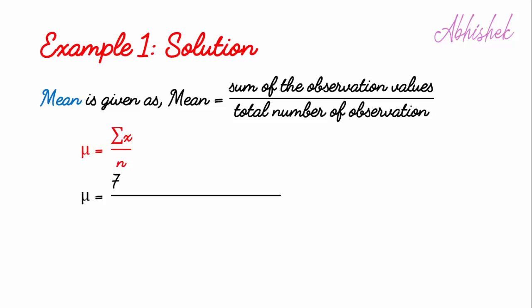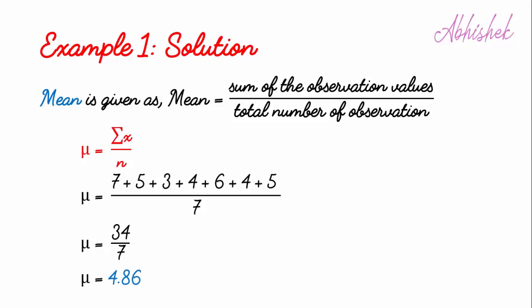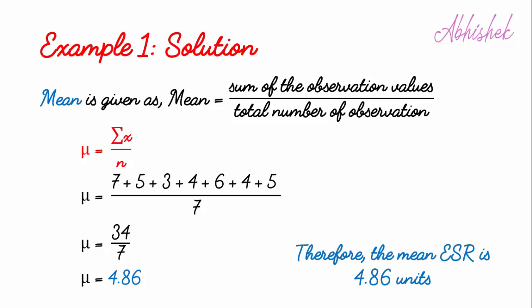If we add all the values and divide by the total number of values, that is 7, we get the mean as 34 divided by 7, which is equal to 4.86. Therefore the mean is 4.86 units of erythrocyte sedimentation rate. This is fairly simple. Let's go ahead.